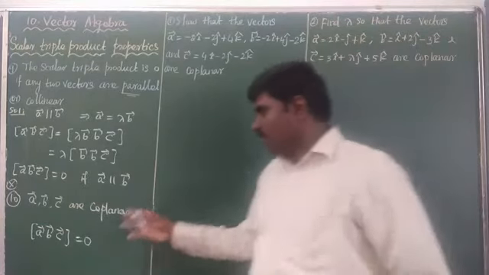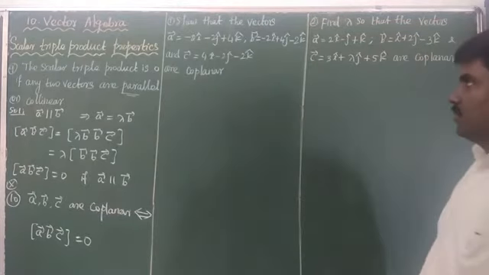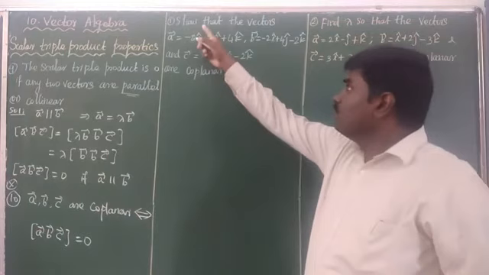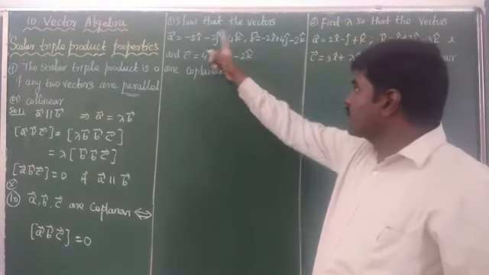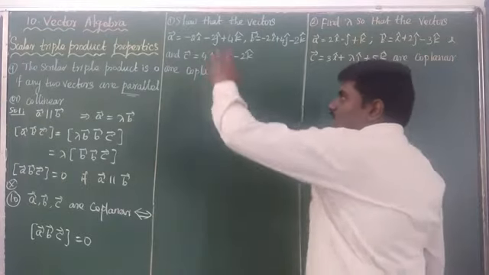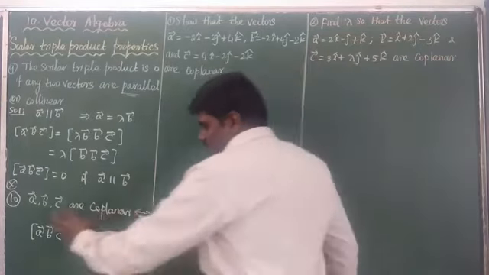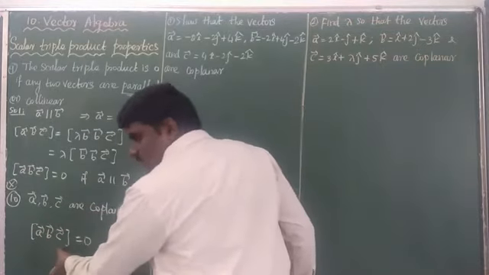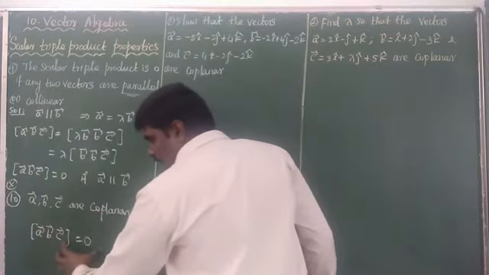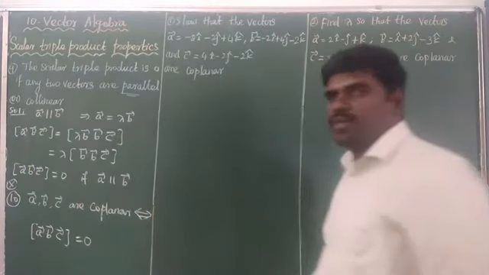Okay, this property is based on two small examples. First, given: show that the vectors A vector, B vector, C vector, the three vectors given, are coplanar. Now what's the property? Three vectors are coplanar means the scalar triple product is equal to 0, or the value being 0 means the three vectors are coplanar. Both are equal, that's the meaning of if and only if.